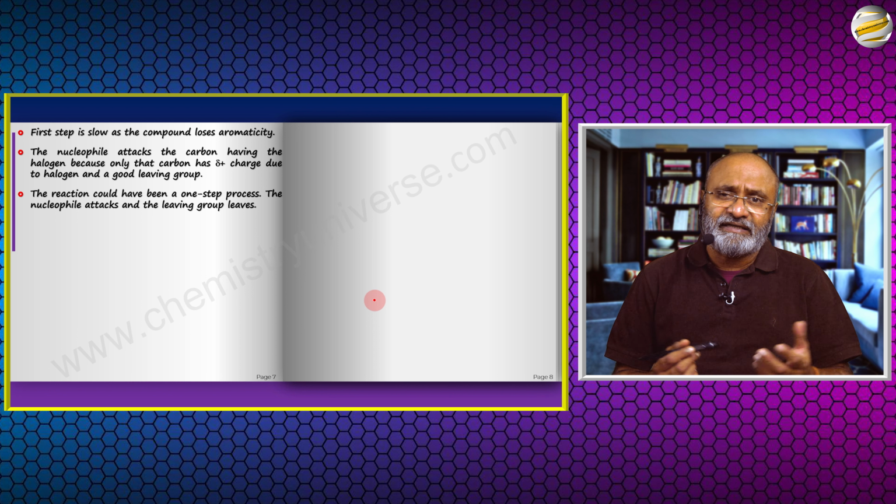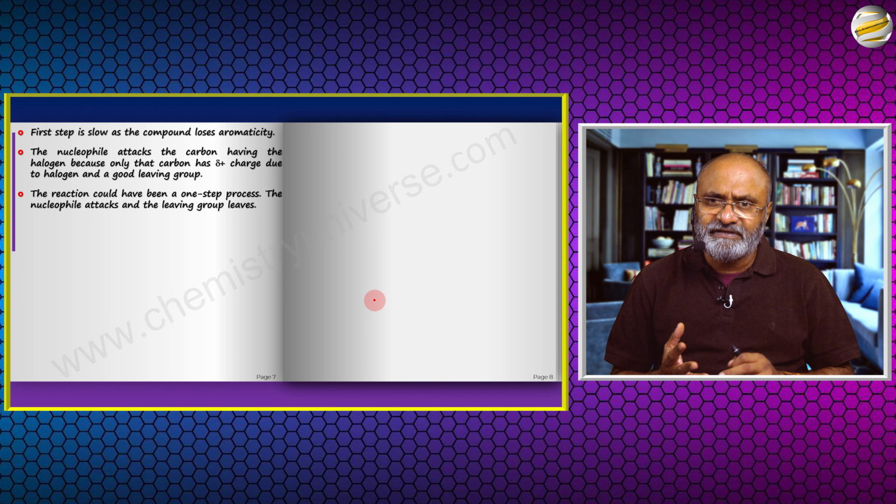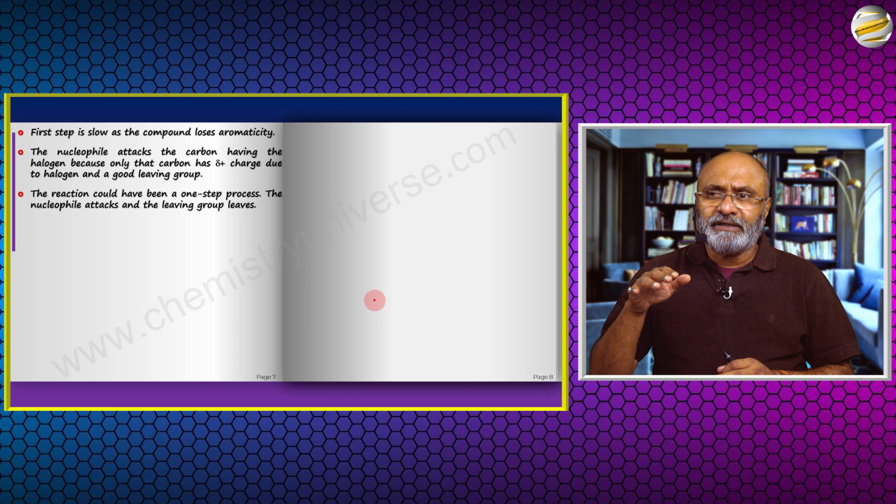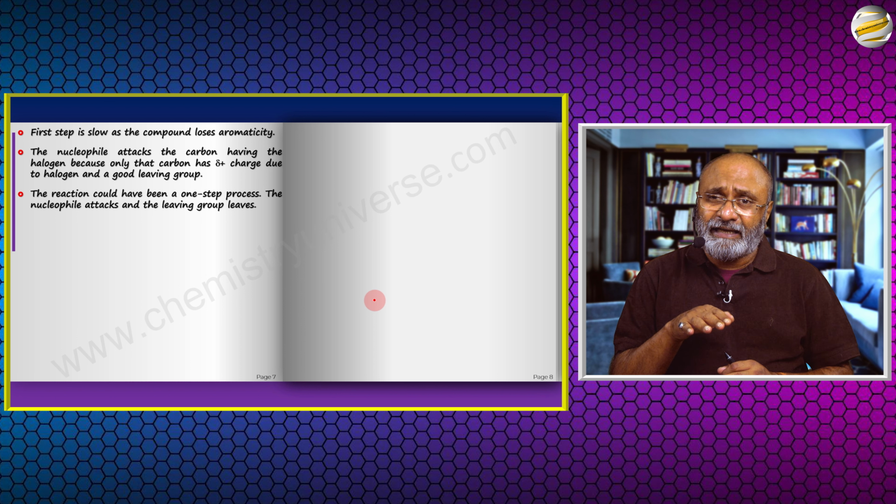We did have that in SN2. Nucleophile attacks, leaving group goes. Well, there are several reasons. Reason number one, the nucleophile has to attack from the back side. It can't attack from the front side. Because remember, in the transition state, it has to attack the sigma star of the leaving group bond.